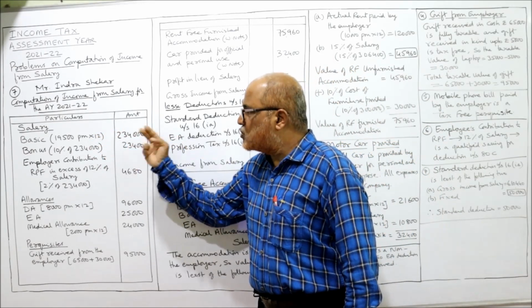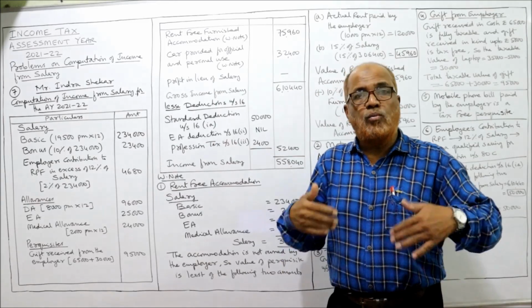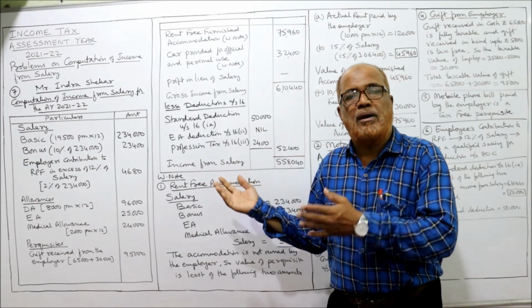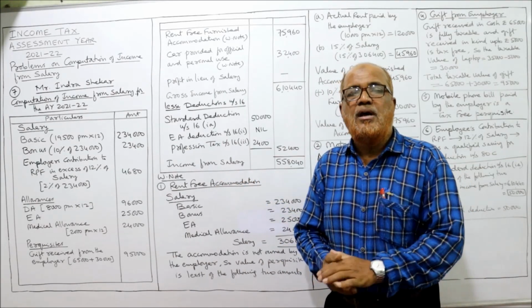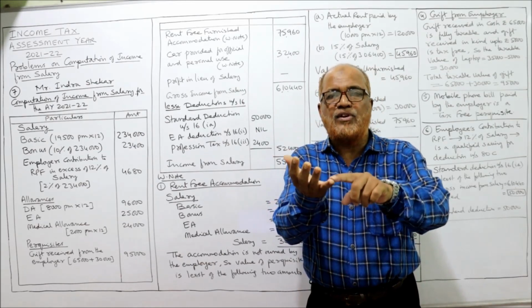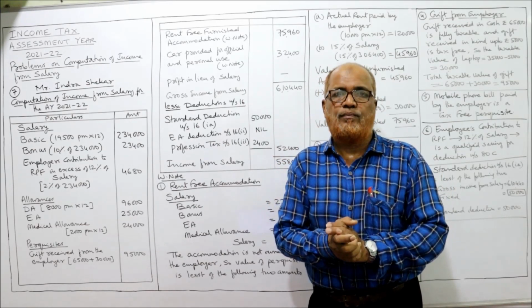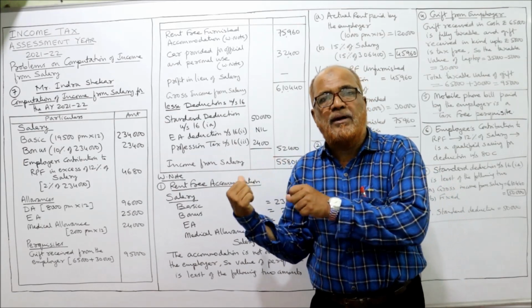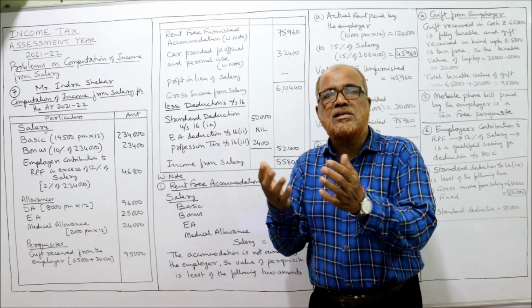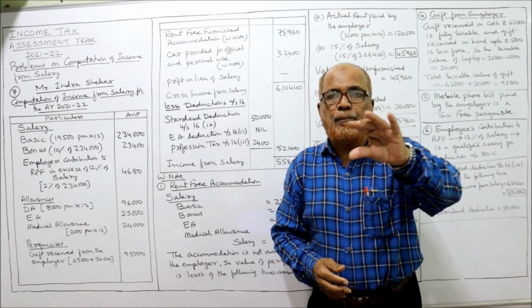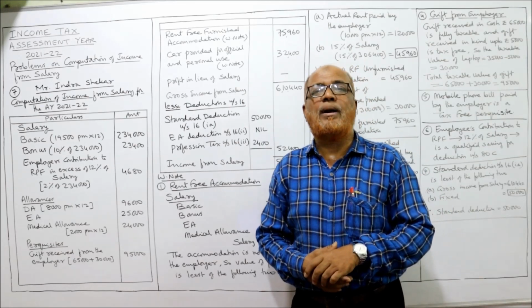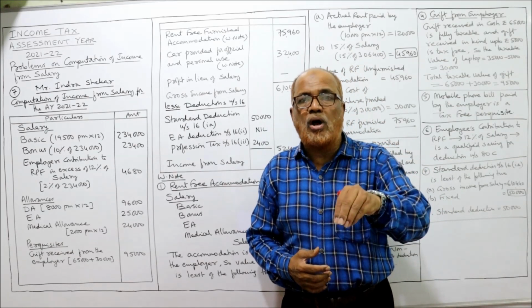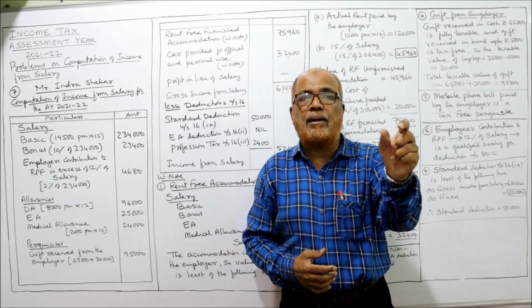Basic salary itself is 2,34,000, so it is more than 50,000. So for a specified employee, the motor car is a taxable perquisite. Now the motor car is provided for official and personal use, and all expenses are paid by the employer. If it's a big car, 2,400 per month. If it is a small car, 1,800 per month.